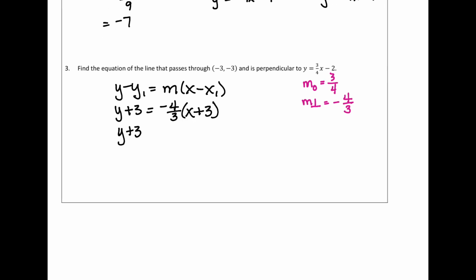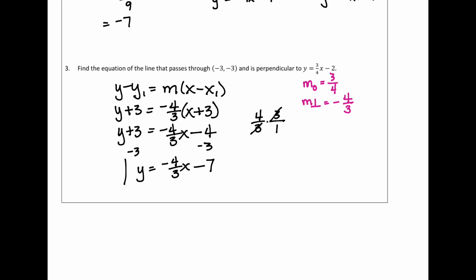Y add 3 is equal to negative 4/3 x. Negative times positive is a negative. Your 3's are going to cancel because you put the whole 3 over a 1, and those go away. So it's 4 over 1, which is just 4. Subtract 3 from both sides, and we get y is equal to negative 4/3 x minus 7.